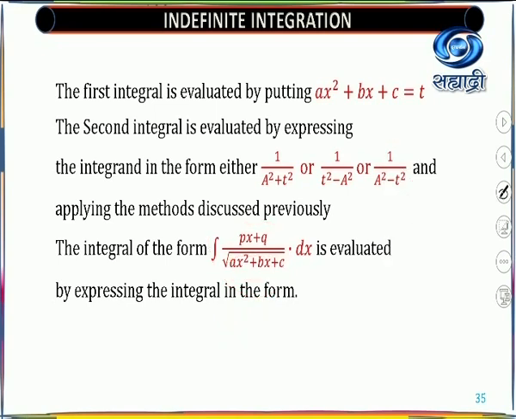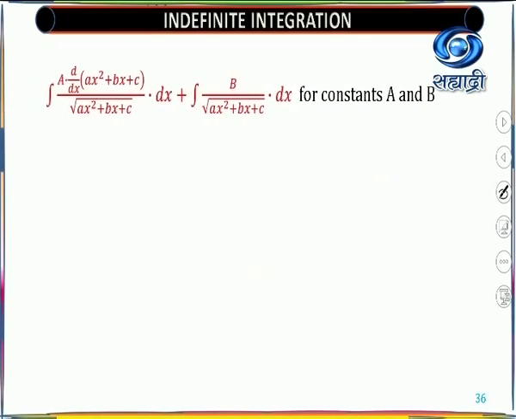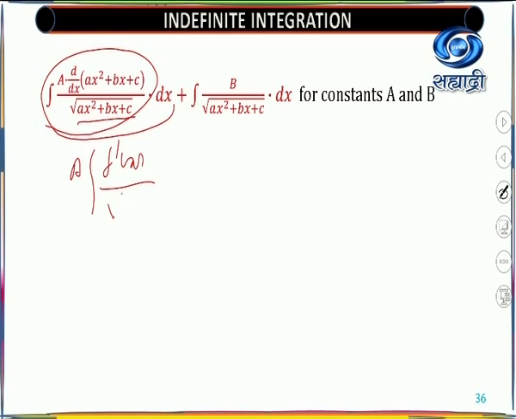Now next, again you will get two terms in which you have standard formulas. Look at here, this one is your first term. Directly you substitute ax square plus bx plus c equal to t, and it is nothing but A into the integral of f dash x upon root of f x, and we learned this in our corollary.